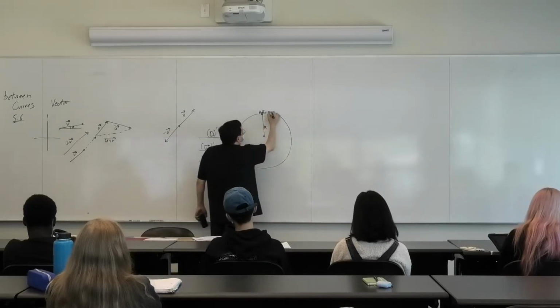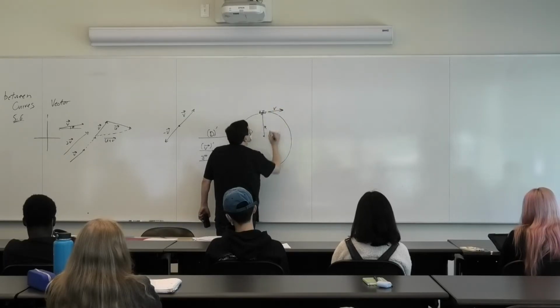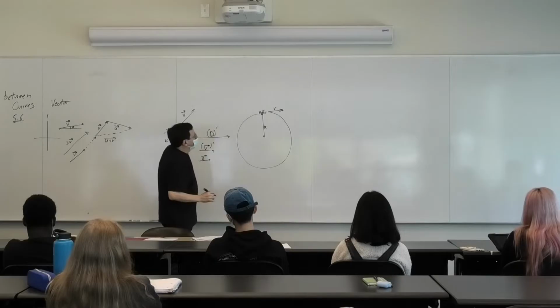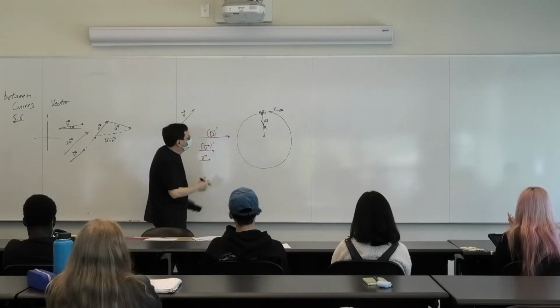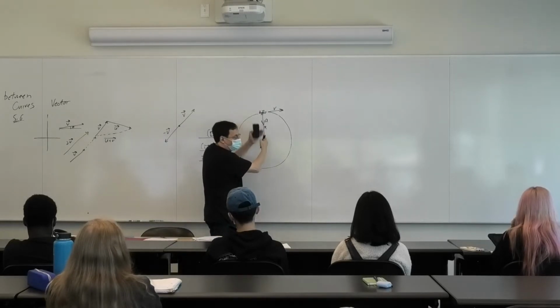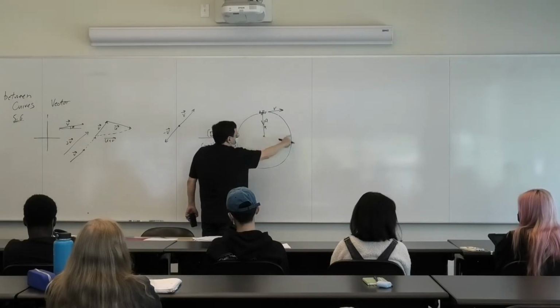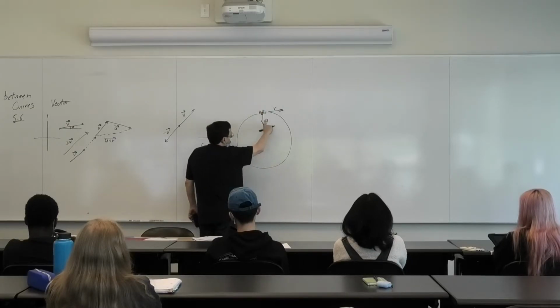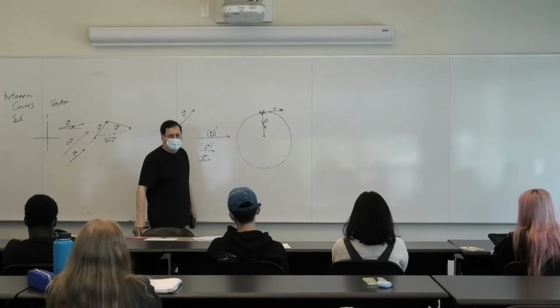Well, at any given moment, its velocity is in this direction, but its acceleration is towards the center. You've got a string and it's pulling it. And as it moves around, the acceleration moves around, except a little out of phase.